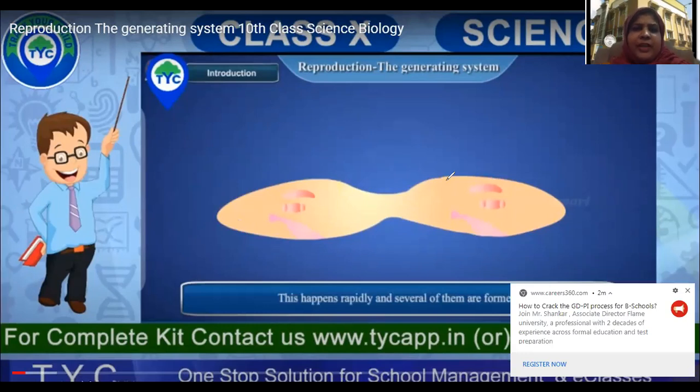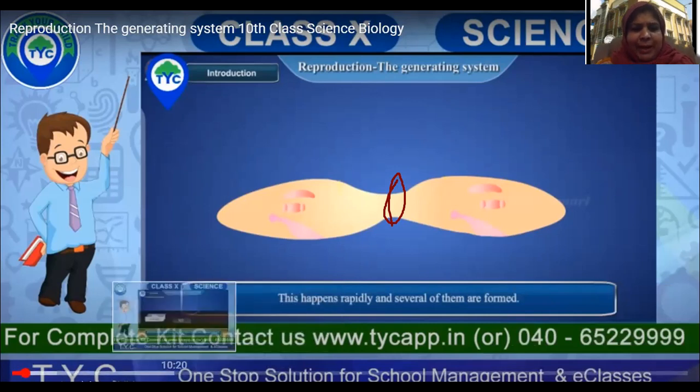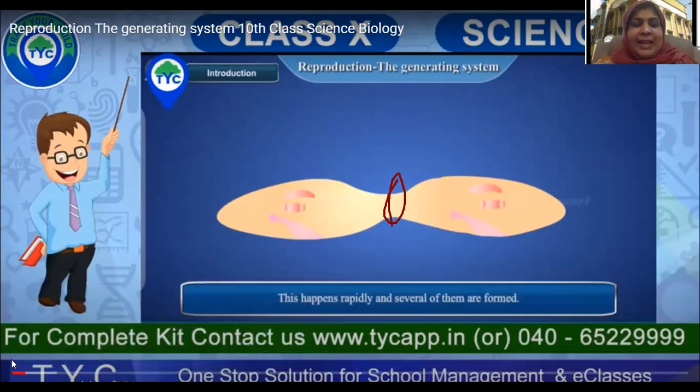Yes. If you can see my spotlight, this paramecium is splitting from the center. From here it is splitting, and now it is giving rise to two different individuals. So that is how, by splitting, reproduction takes place in paramecium. And this is an asexual mode of reproduction.